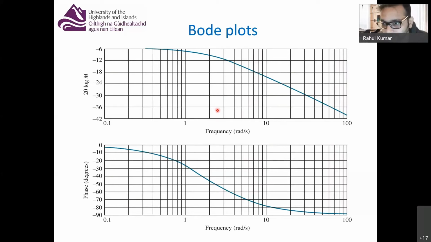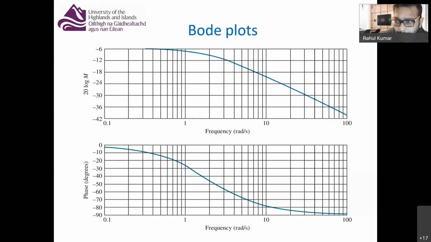And as I mentioned, along the x-axis you have frequencies in both graphs, and along the y-axis in the magnitude plot you have magnitude in decibels, and in this one you have the phase in degrees. So these are a few of the key points that we have to know about the Bode plot.